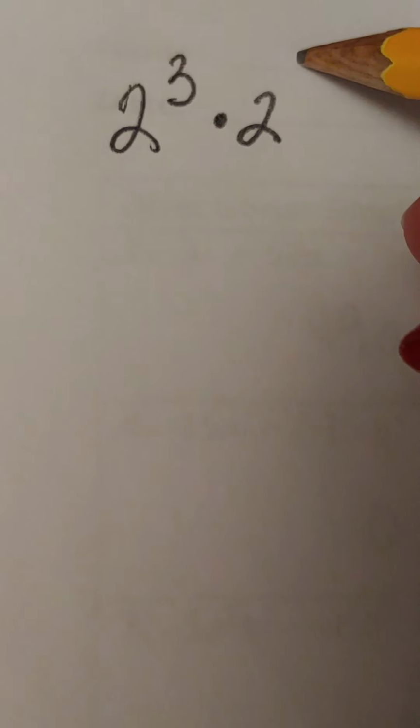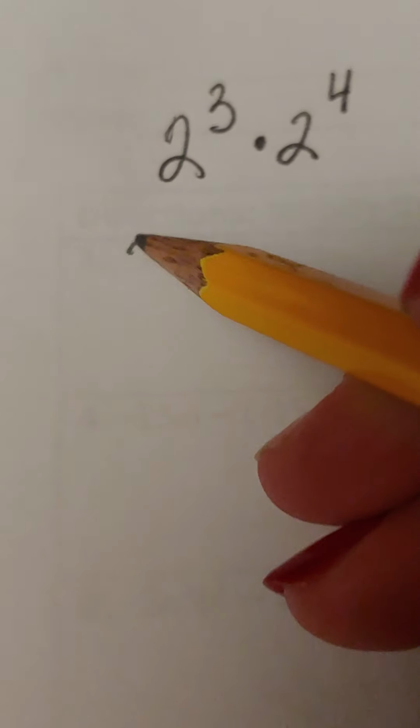Now I'm going to explain something. Let me write it down. I'm recording and writing stuff down. Okay, for example, if you had 2 to the third power and you multiply it by 2 to the fourth power, what actually would happen? 2 to the third power is 2 times 2 times 2.